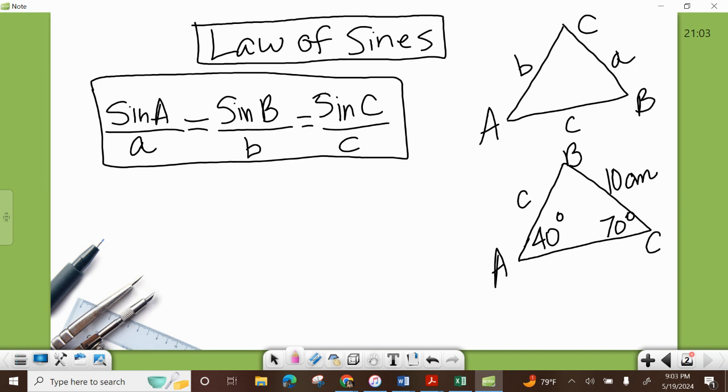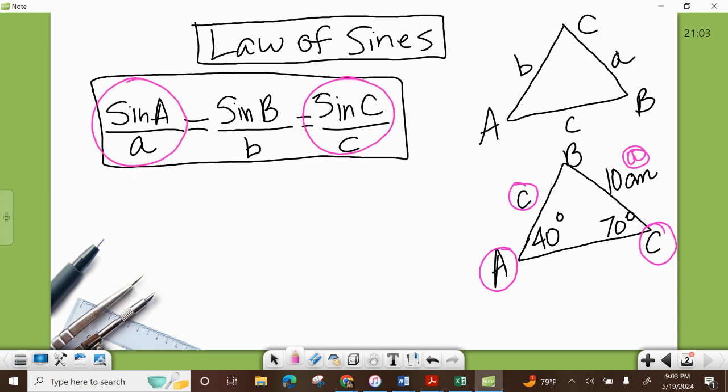So I'm going to pick, in this case, A and little a, and it really doesn't matter what you're calling these, as long as you match them up properly. And then I've got C and little c. So I'm going to use this one and this one.